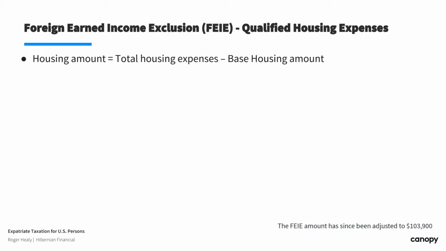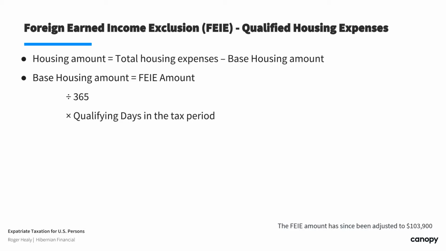Your base housing amount is your foreign earned income exclusion amount divided by the 365 days in a year, multiplied by the number of qualifying days in the tax period, so the days that you were in a foreign country, multiplied by 16%. So for a full year, it's 16% of the foreign earned income exclusion amount, which is set annually.